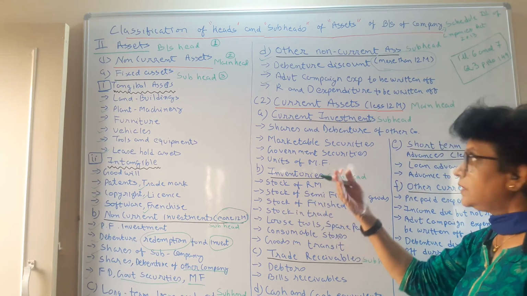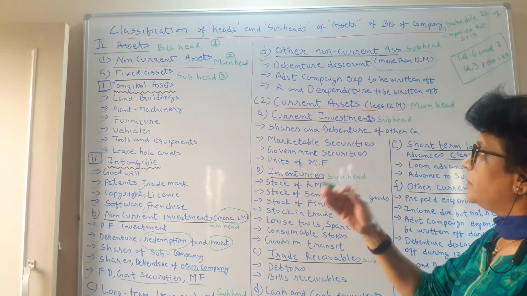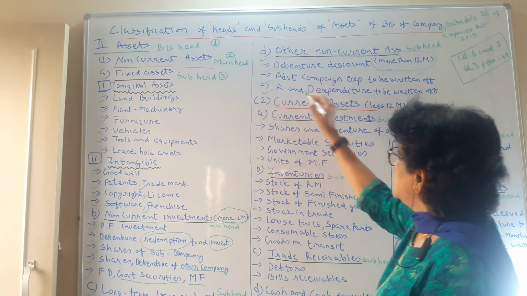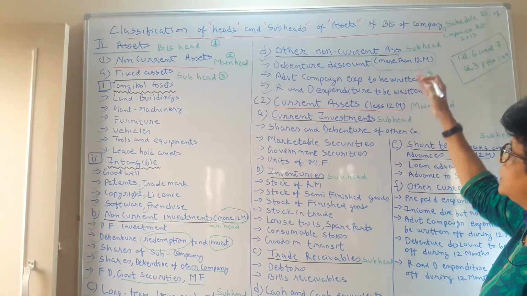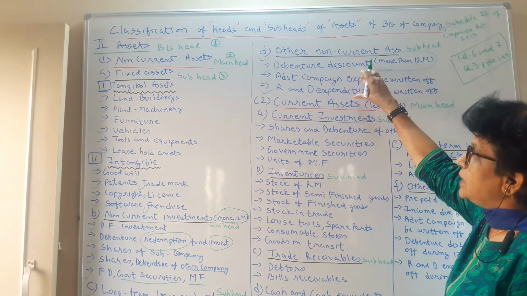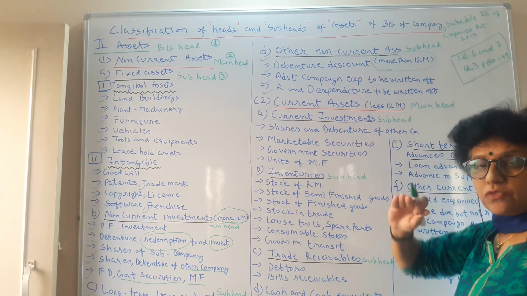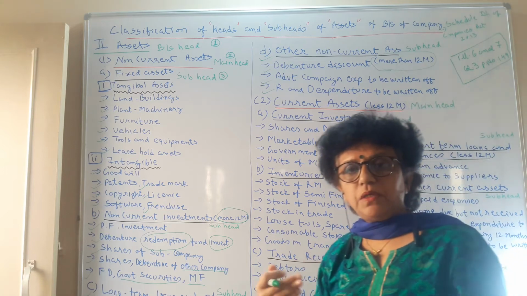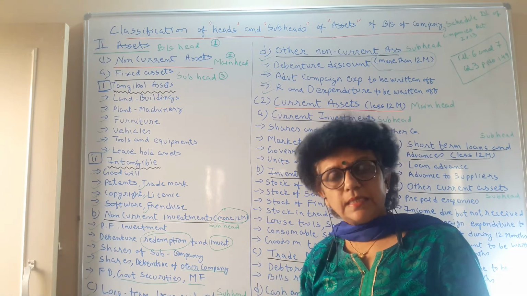Then research and development expenditure, again to be written off over more than 12 months. All three things are shown on the asset side and are to be written off. We have learned the concept of deferred revenue expenditure. Even though it is an expenditure, we treat it as an asset.